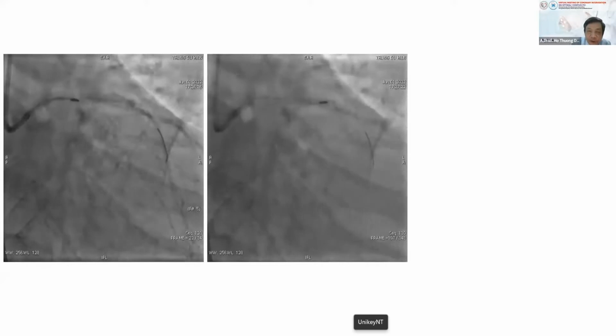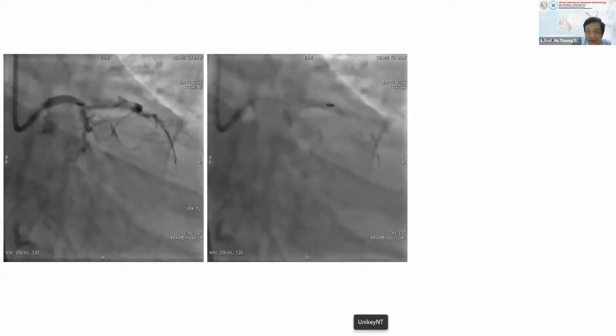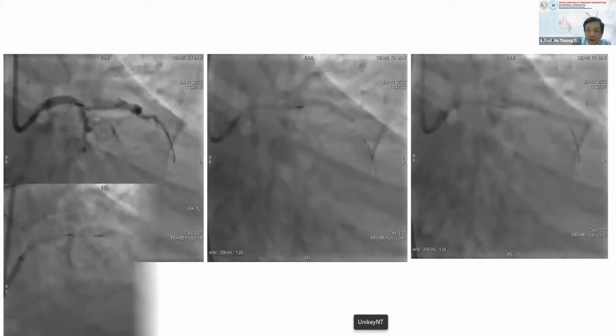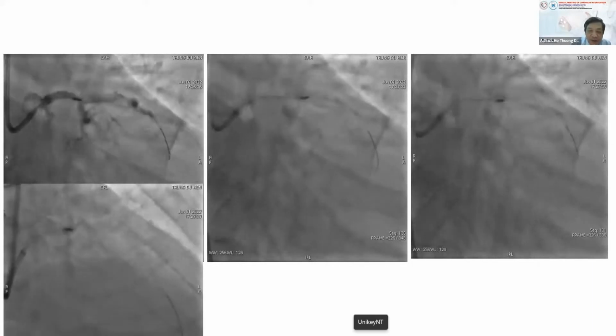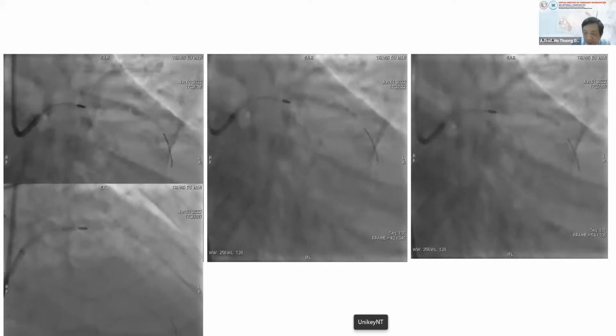And finally, I could bring the burr over the stent in the left main and into the ostium of the LAD. Can you see, 1, 2, 3, 4, cannot pass. One more, 2, and in the third, yeah, successfully.